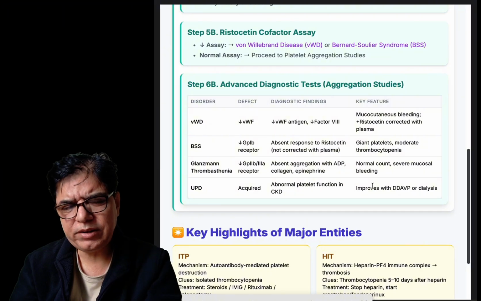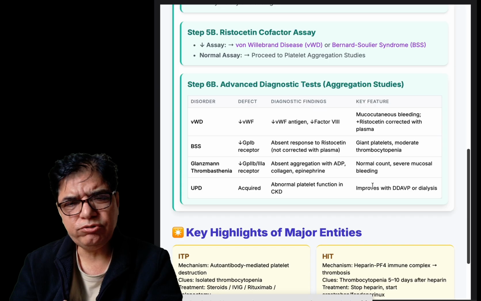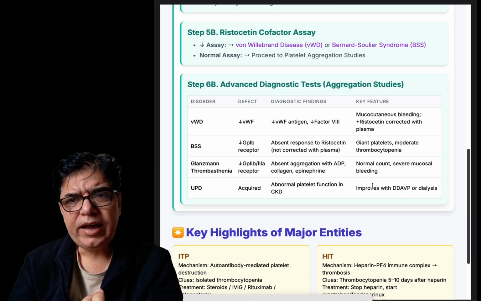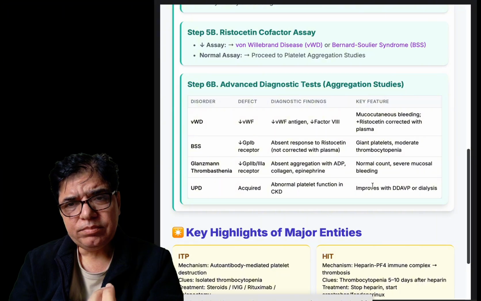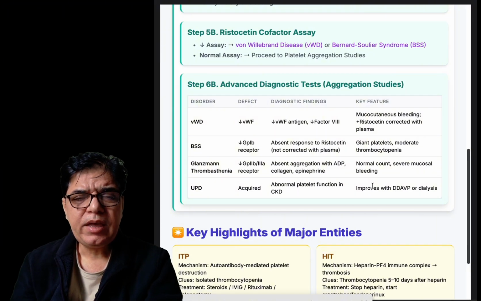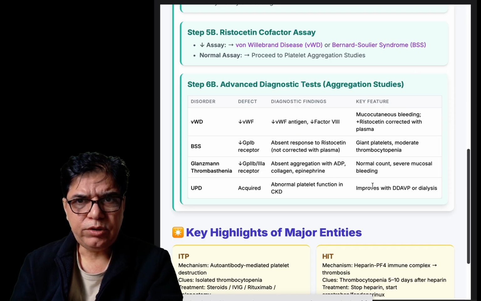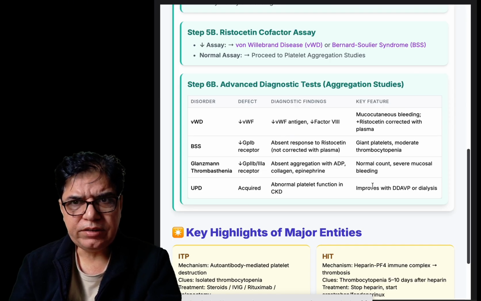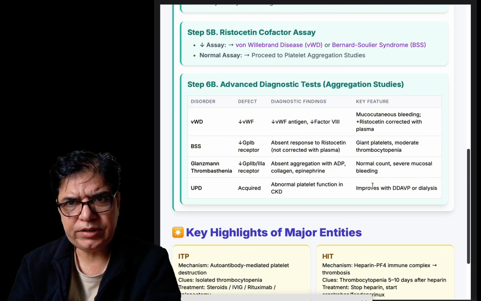So von Willebrand disease is an autosomal dominant condition. It is usually passed from one generation to the other generation, and there is a history of mucocutaneous bleeding, mostly epistaxis. If you do the ristocetin cofactor assay, you would see that there is a decrease in the von Willebrand antigen and the von Willebrand factor activity.